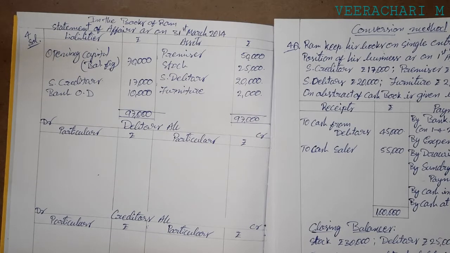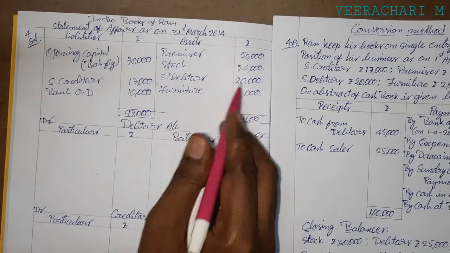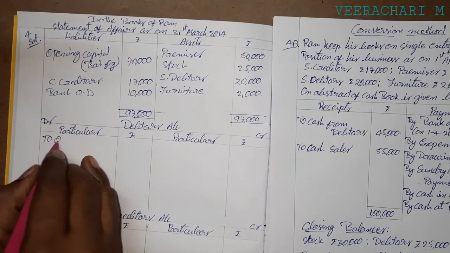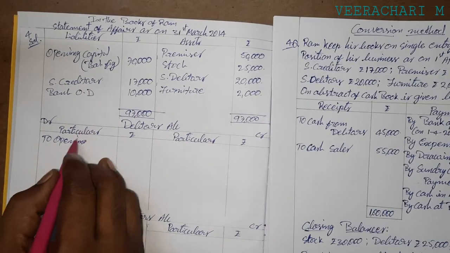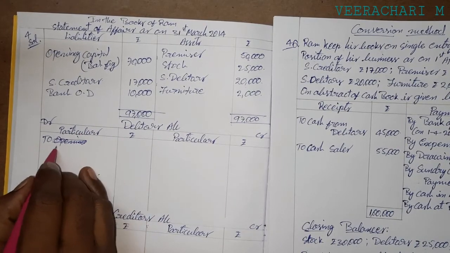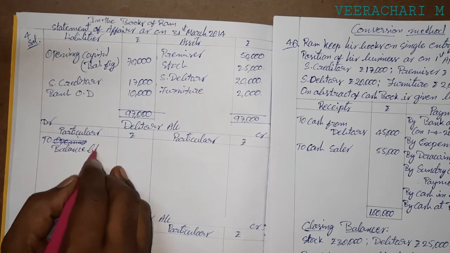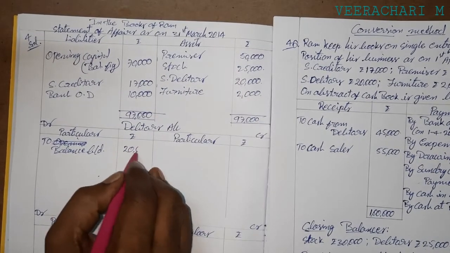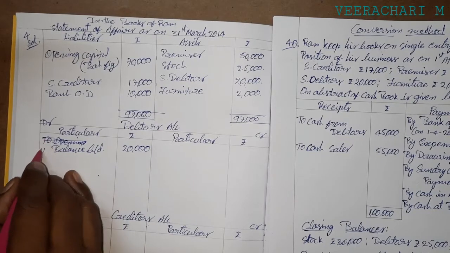So we can prepare the debtors account. Opening debtors is 20,000. You should write to balance brought down, that is debtors amount 20,000. Assets are debit balances, that is the reason you write it on the debit side.